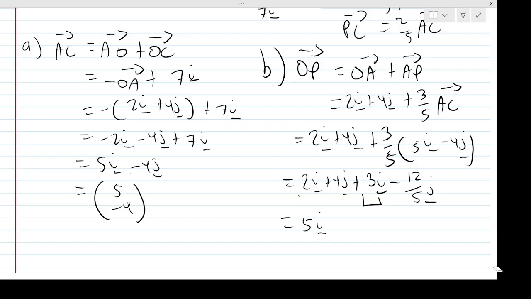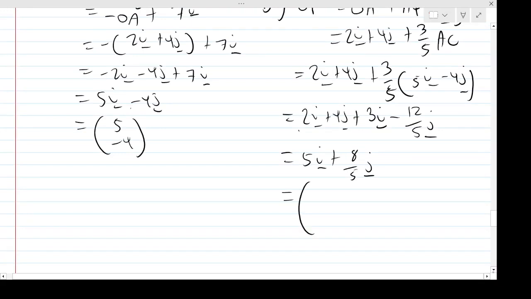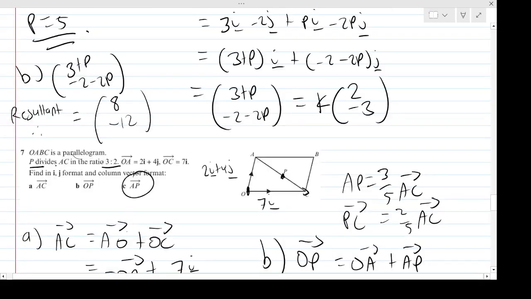And then 4j minus 12/5 j would get me 8/5 j. And there we are. Cool. And then as a column vector, that would simply be 5 and then 8/5.